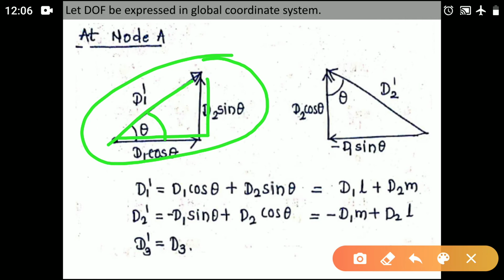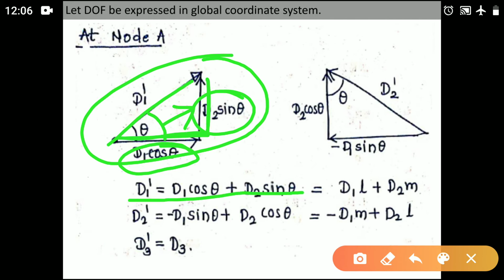Adjacent to theta, that side is d1 cos theta, and opposite to theta is d2 sin theta. And according to vector addition, the hypotenuse is equal to the addition of these two sides. Hypotenuse d1 dash is equal to d1 cos theta plus d2 sin theta.